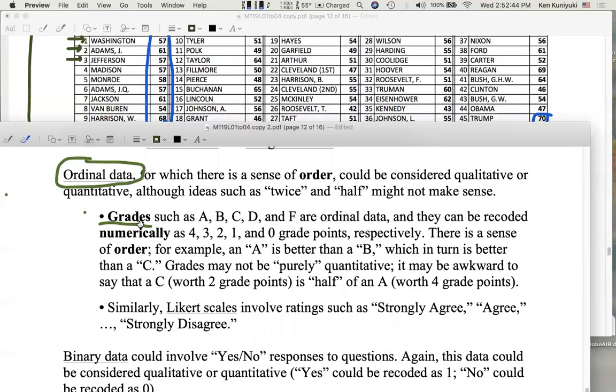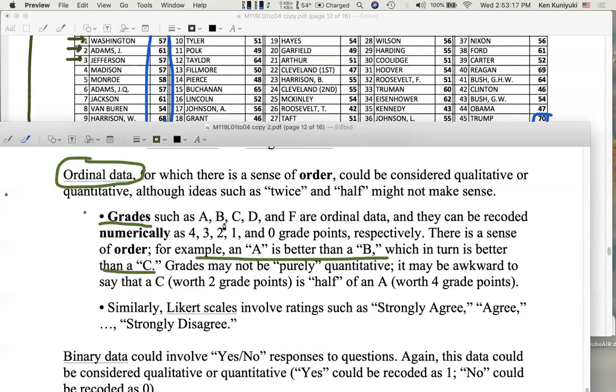So the grade that you get for a class could be an A, a B, a C, a D, or an F. So you might think, oh, that's qualitative. Well, it's not like someone's favorite color, in the sense that you do care what you get. There's a certain order here, right? If you're a student, you'd rather have an A than a B, and you'd rather have a B than a C, right? So there's a certain order here.